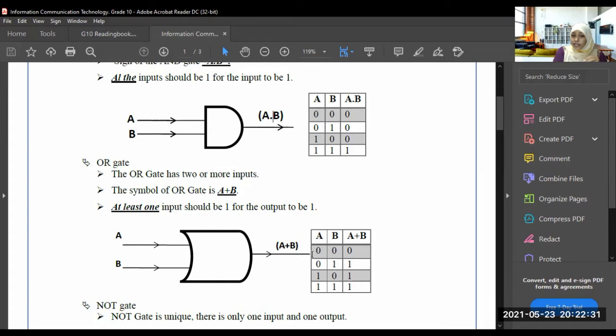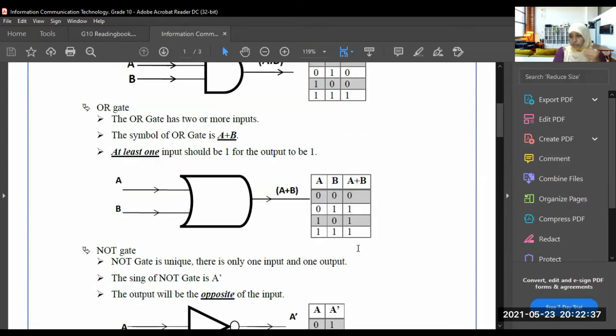In the OR gate, okay, it is plus. 0 plus 0 is 0. I am just explaining it to help you understand. When I come here, 1 plus 1 is 2, no, but we can't put 2 here.